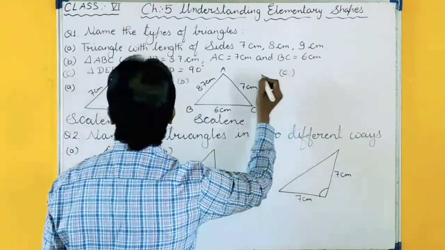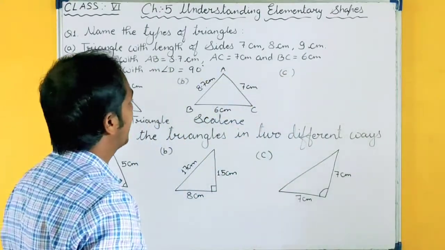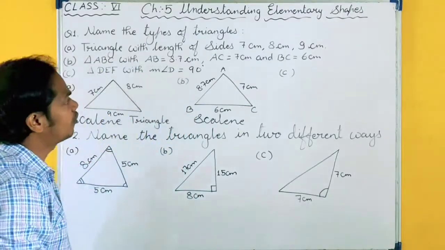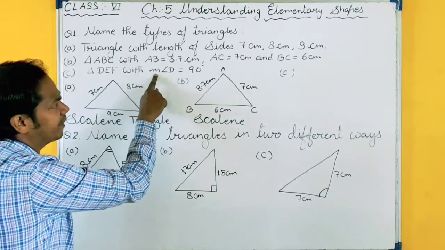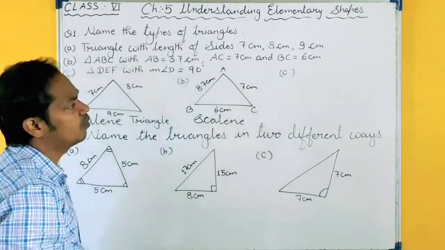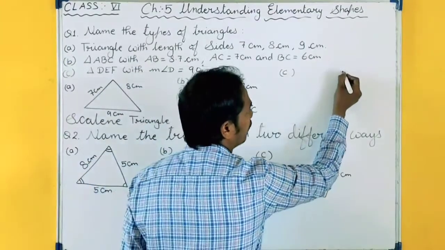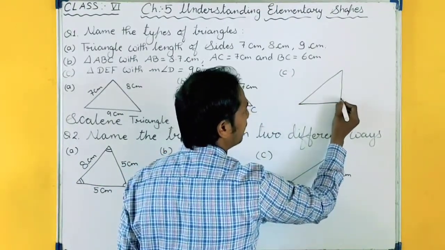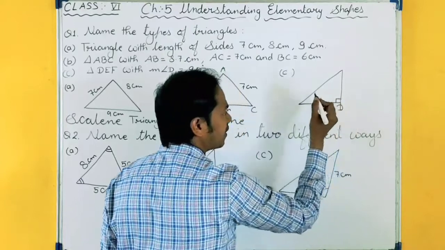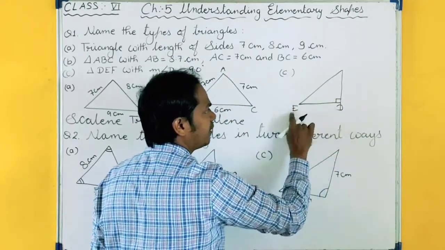Now the third one, triangle DEF. How will you read this? Triangle DEF with the measurement of angle D equal to 90 degree. One triangle is there. The name of that triangle is DEF and angle D is 90 degree.